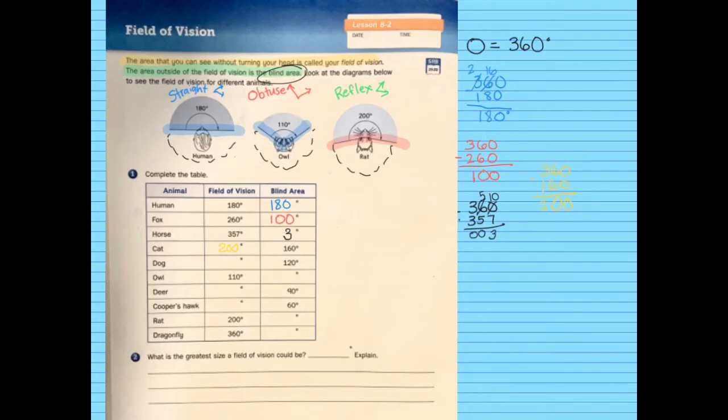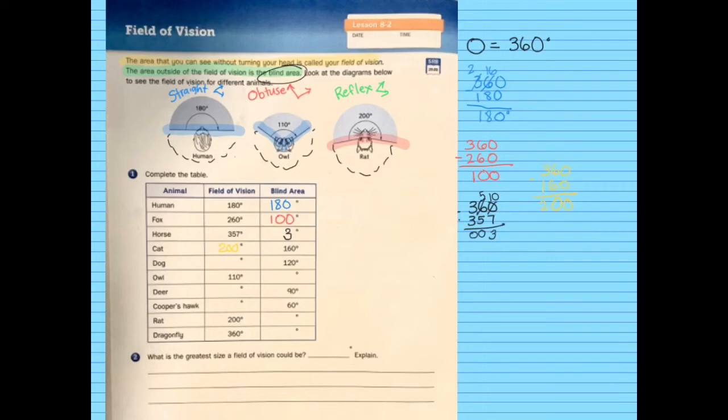Okay, now look at number 2. It says, what is the greatest size a field of vision could be? Okay, now as an animal, you can only see all the way around you, right? You can't really see any other way other than a full, complete circle, right?